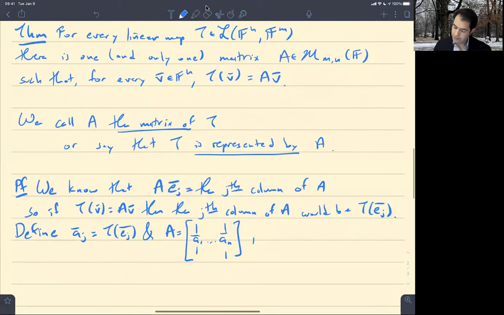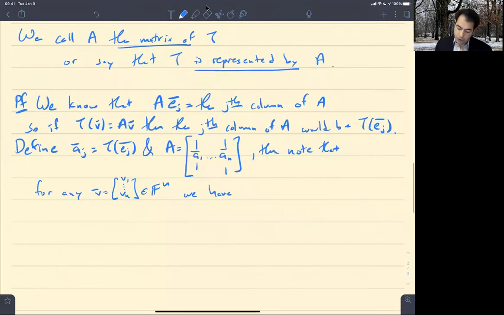Then note that for any vector V with entries V1 through Vn, T of V is equal to T of, well, this vector I can write as the linear combination of the EJs with coefficient Vj, where J goes from 1 to n.